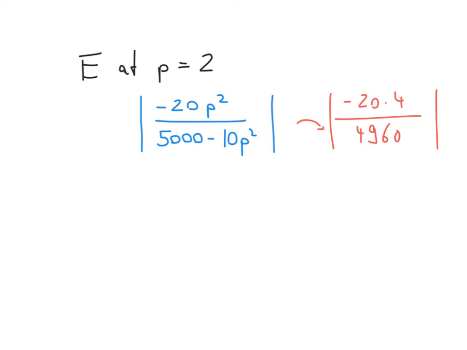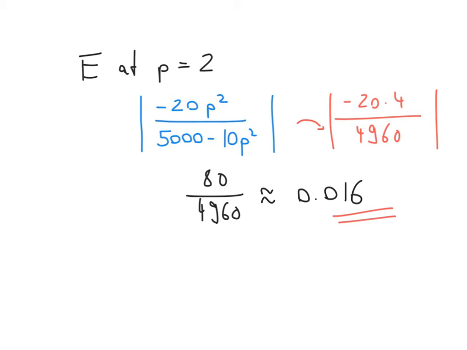So we have to compute 80 over 4,960. And if you plug this into a calculator, you get that this is approximately 0.016. So now we have a number, and we'll come to the interpretation of that number in a second.